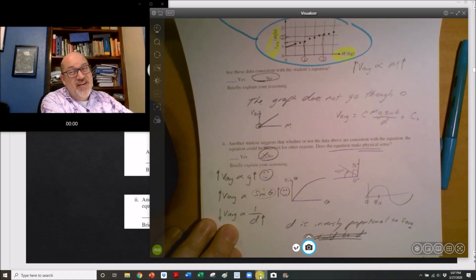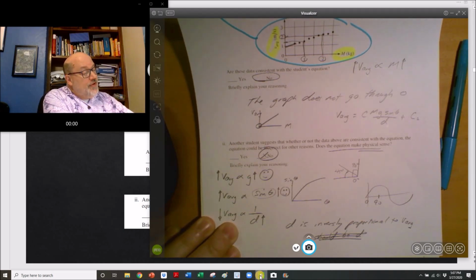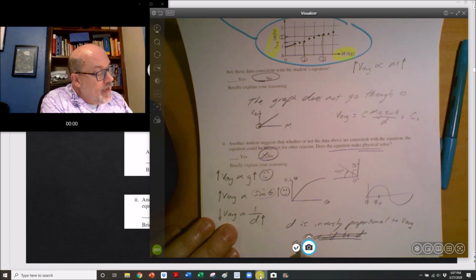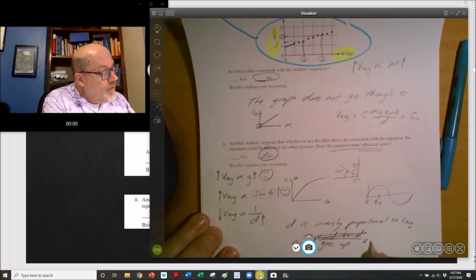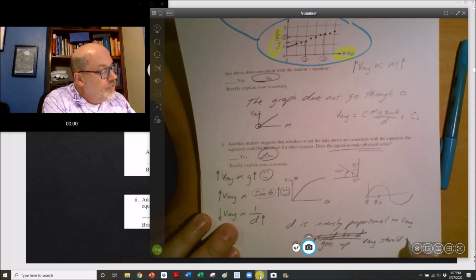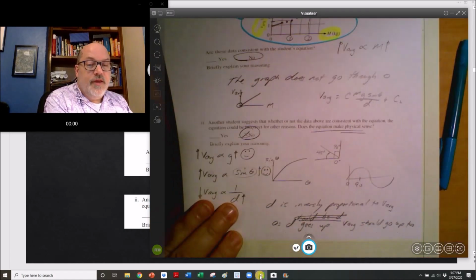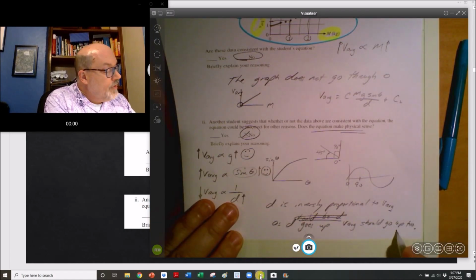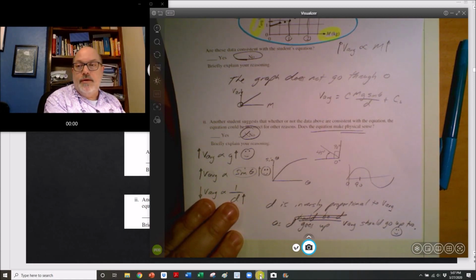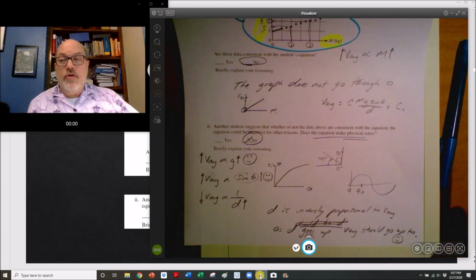Maybe it should be directly squared. I don't know. So I'm just going to say that it's wrong because it's directly proportional. And I'm going to say as D goes up, V average should go up too. And there you go. Smiley face. And we're all done.